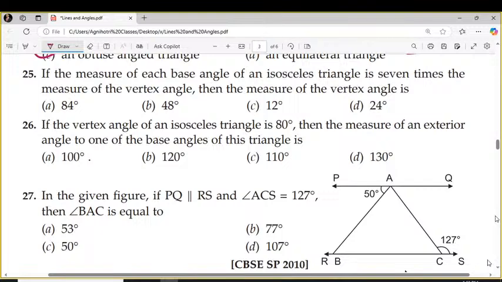Sir, should the answer of 25 be A, 84 degrees? If the measure of each base angle of an isosceles triangle is 7 times the measure of the vertex angle. Okay, let's see.